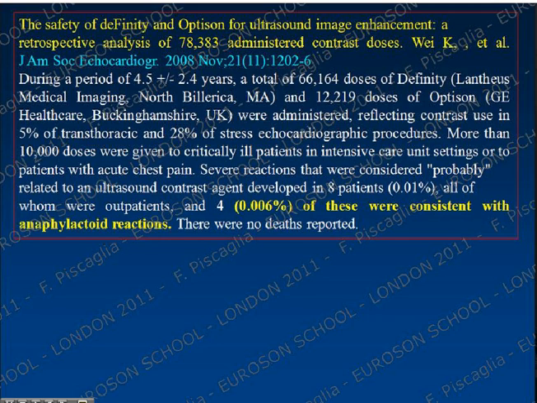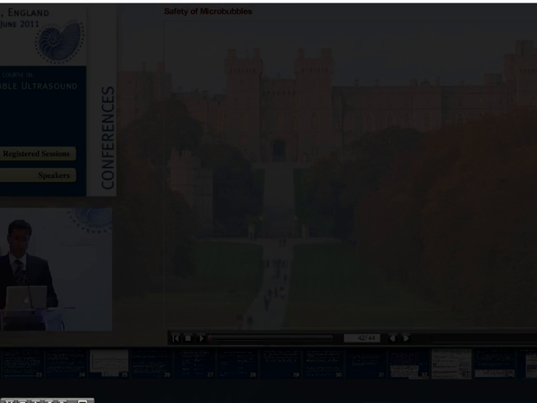There was only limited risk of anaphylactic reaction, which was exactly the same rate that we observed in abdominal studies in Italy. So I think that nowadays it is clear that the risk is extremely limited and it is only of allergic type.